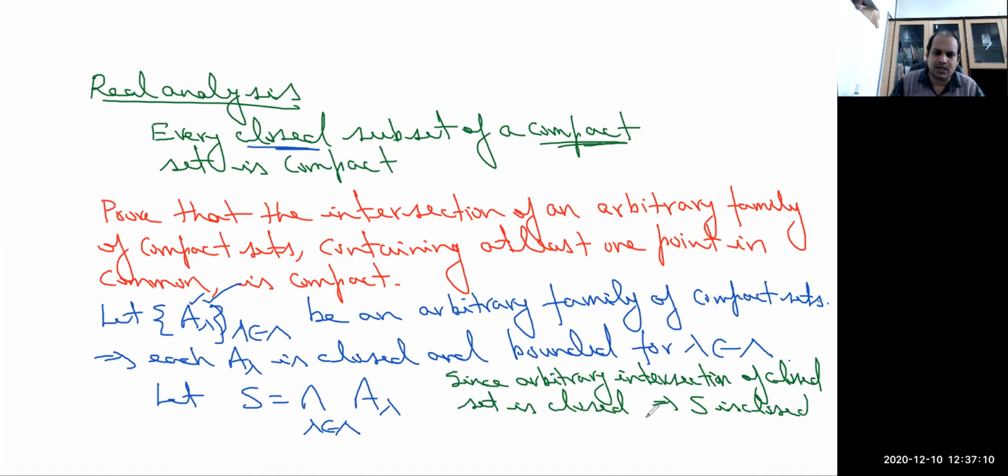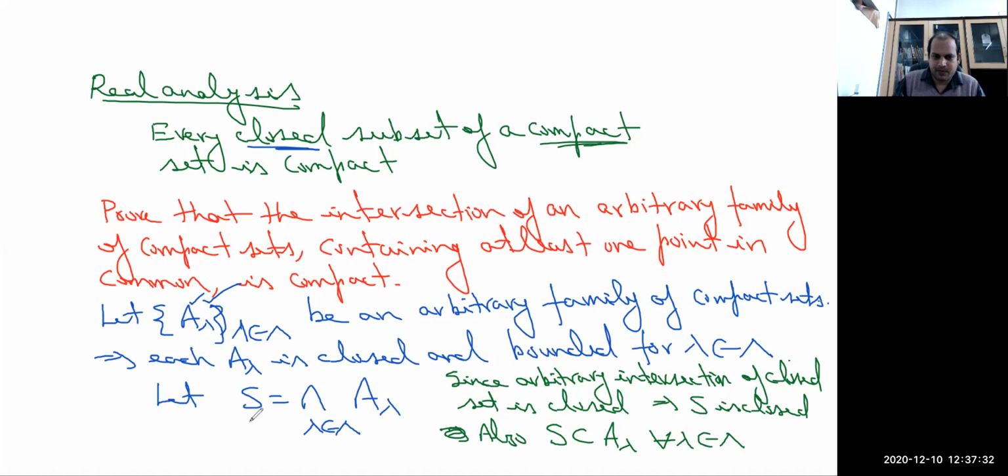And being an intersection, it will be a subset of each of the A lambda. So also this set S is contained in each of the A lambda. Why? Because it is the intersection of all these compact sets denoted by A lambda.